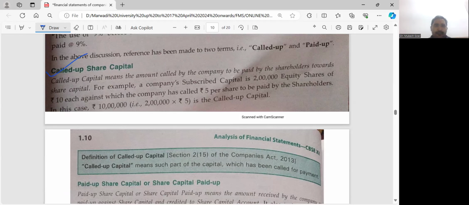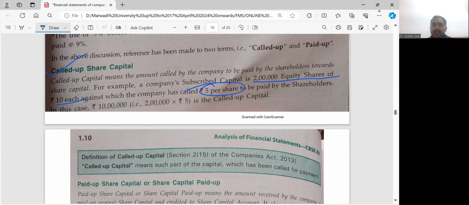Now called up share capital. Called up share capital means the amount called up by the company to be paid by the shareholders towards share capital. For example, the company subscribed 2 lakh equity shares of rupees 10 each, of which the company called only 5 per share.